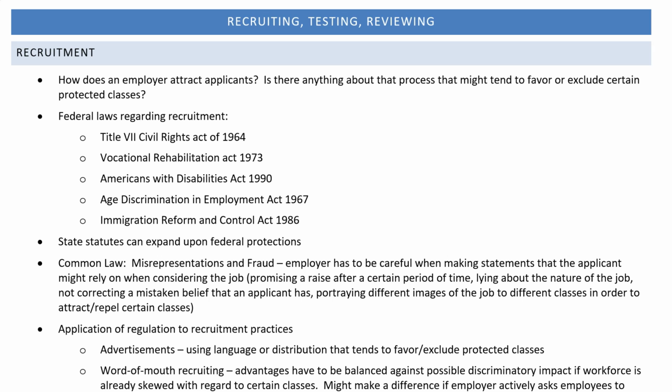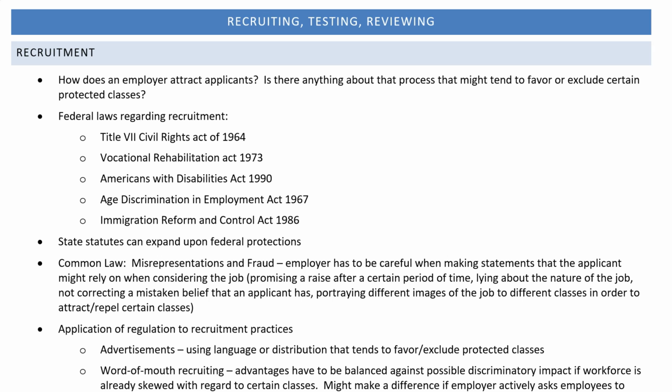So some laws that are involved: there are federal laws, state laws, and common law to think about. The federal laws that are applicable here: Title VII of the Civil Rights Act of 1964, which covers things like race, color, gender, national origin, religion. The Vocational Rehabilitation Act of 1973, which was a precursor to the Americans with Disabilities Act of 1990, both saying that we shouldn't discriminate against people who have disabilities.